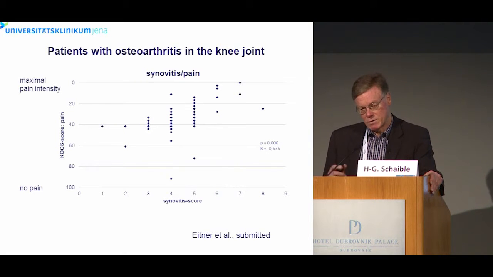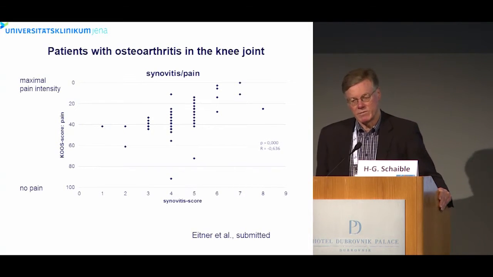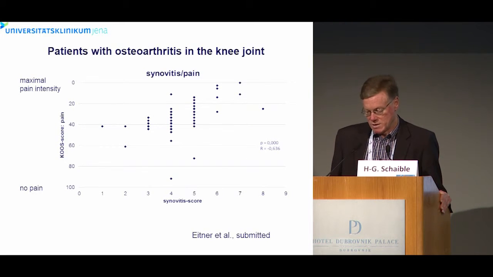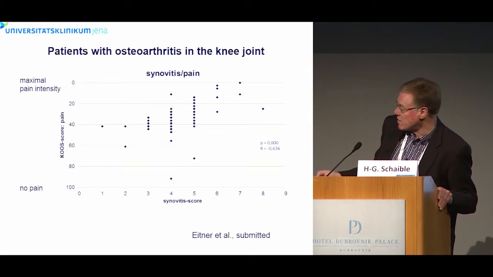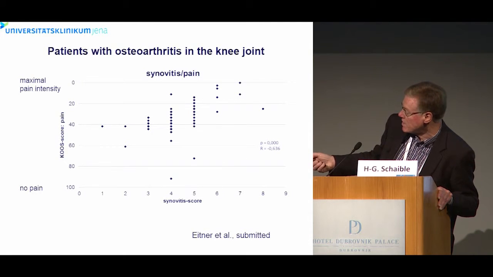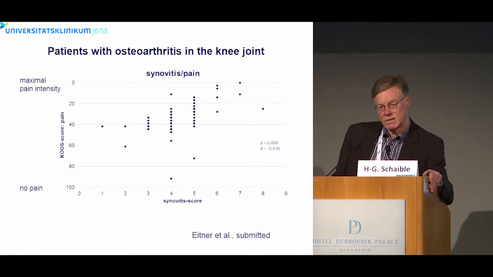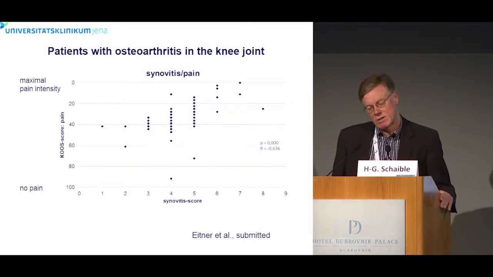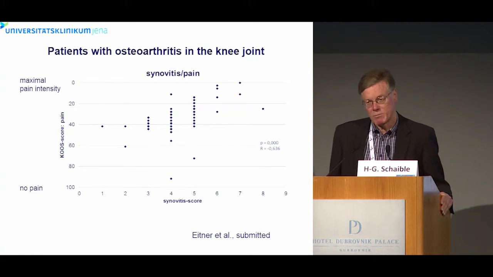I just show you this one figure where we were able to investigate the pain intensity in patients who got knee joint replacement, and we have here a classification of the synovitis, high synovitis score, lower synovitis scores, and you see here, this is the COES scoring system. 0 means maximal pain, and you see here a very nice relationship between synovitis and pain. So I think among the many changes which may be involved in joint pain, including neuropathic components, the inflammatory component, at least in the synovia, is one important thing.